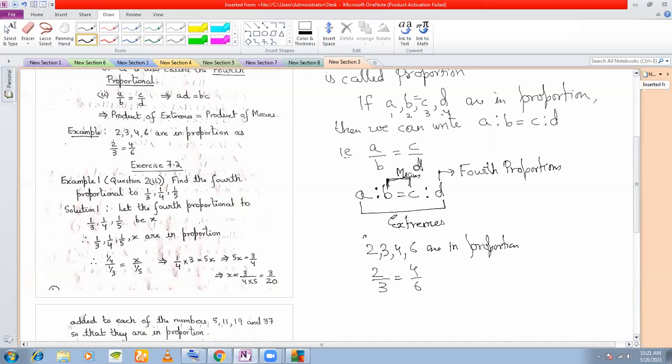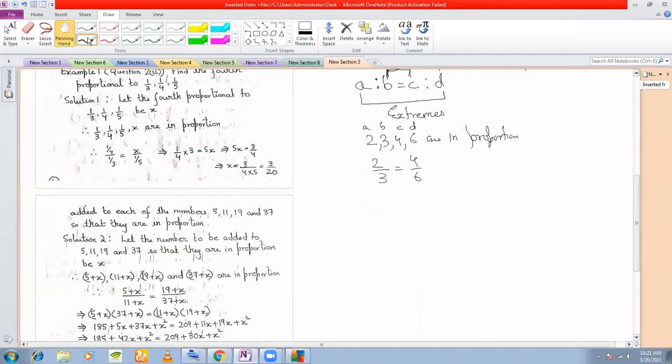I told you to maintain the order A, B, C, D. So A by B must be equal to C by D. Similarly, if X, Y, Z, W are in proportion, then what can we write? Then we can write X by Y must be equal to Z by W. So this is the basic of proportion.